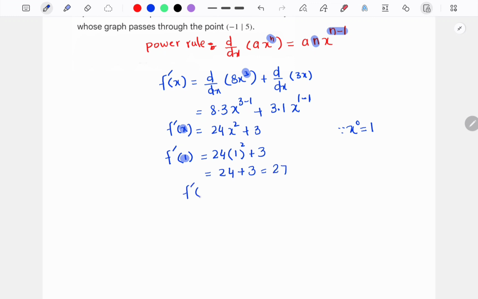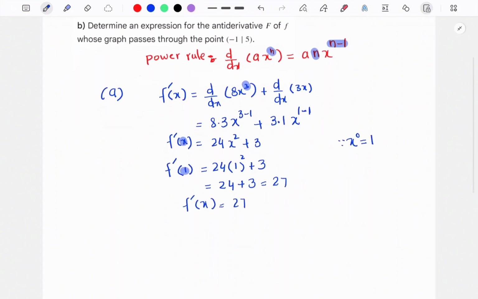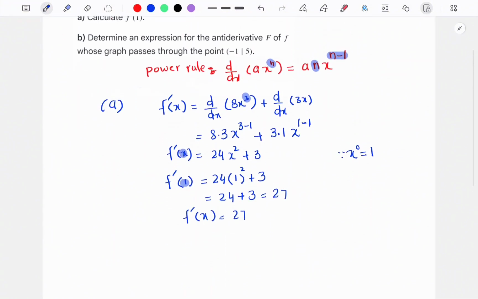Therefore, f prime 1 is equal to 27. So it is our part A, and here you can see in part A we have to find f prime 1, so we have got the value of f prime 1.